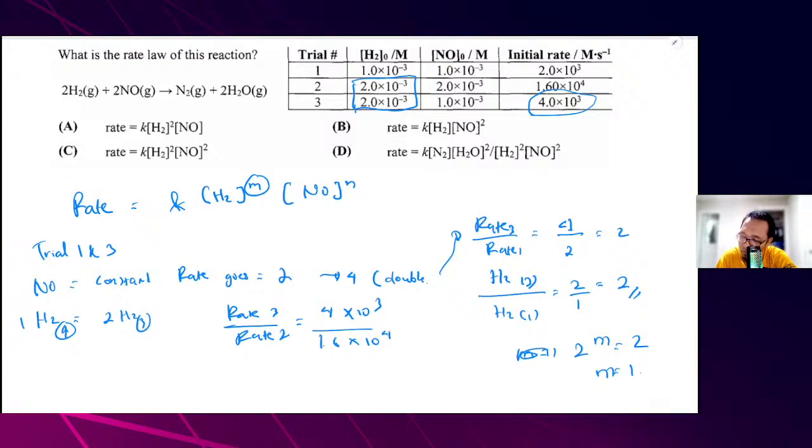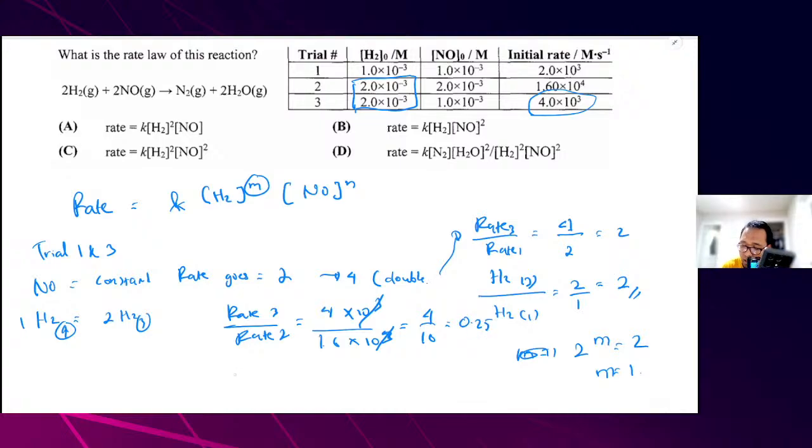So it should be 16.3. So we can cancel out this one. For 16, it should be 1. So 4 divided by 16, so it should be 0.25.